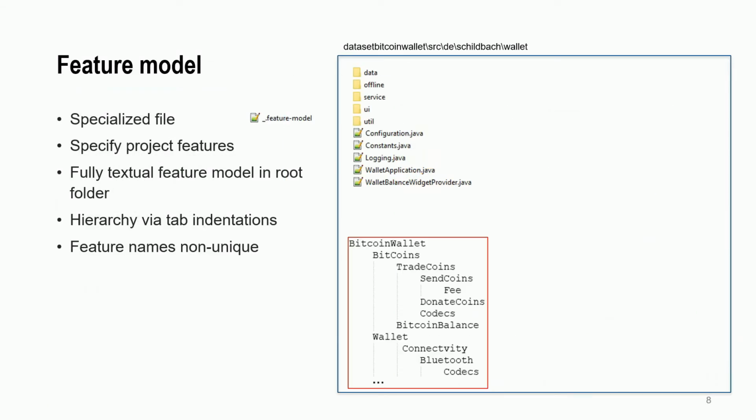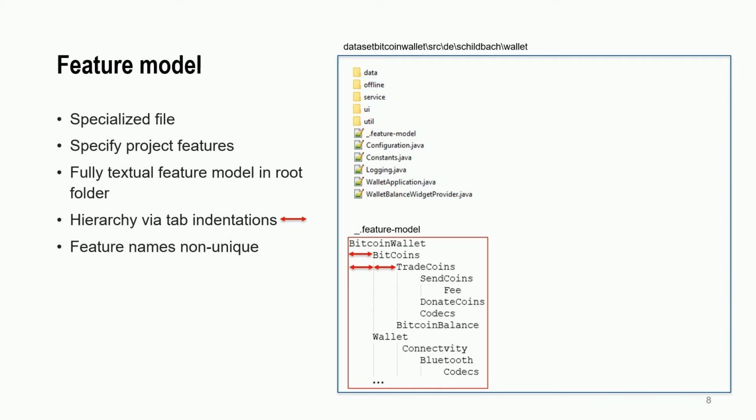When you want to incorporate features with your project, you have to add them to the feature model. The feature model is a specialized file put in the root folder of a project. It is a fully textual representation, so it does not require any further tooling or configuration, and developers can modify it.